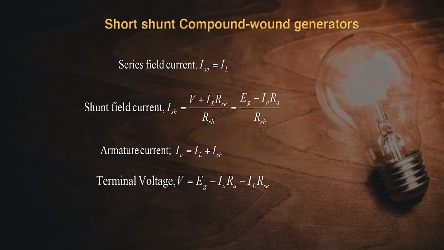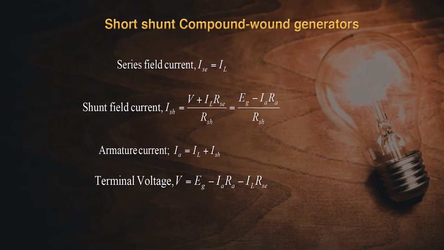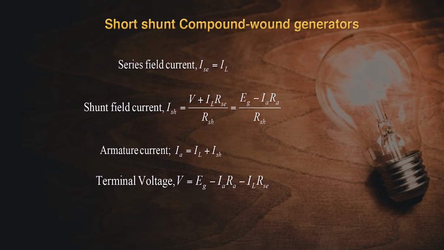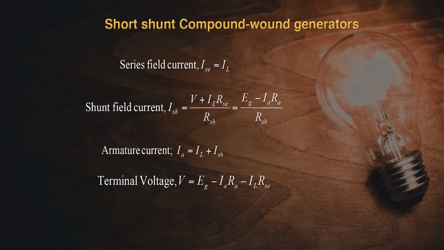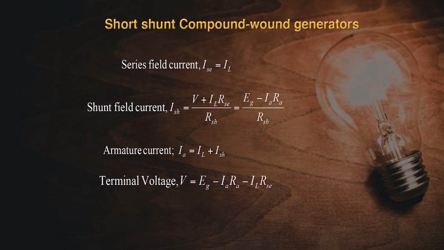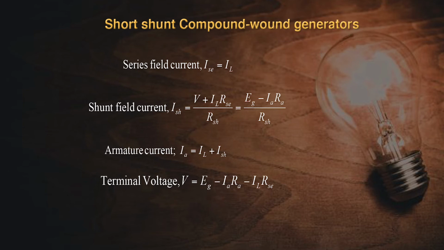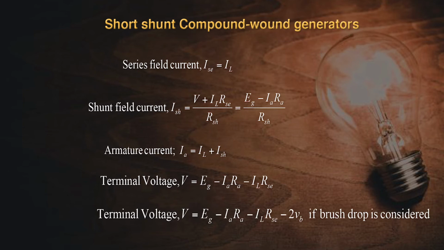Now if you want to calculate the terminal voltage across the load that is connected between terminals C and D, the terminal voltage V can be written as Eg minus IA RA minus IL into RSE, and if you are considering the voltage drop across the brush, then you can write terminal voltage V equal to Eg minus IA RA minus IL into RSE minus 2 multiplied by V suffix B, where V suffix B is the voltage drop across the brush.